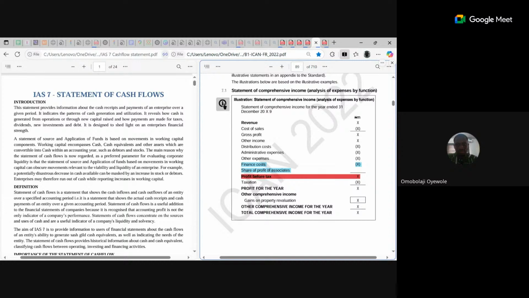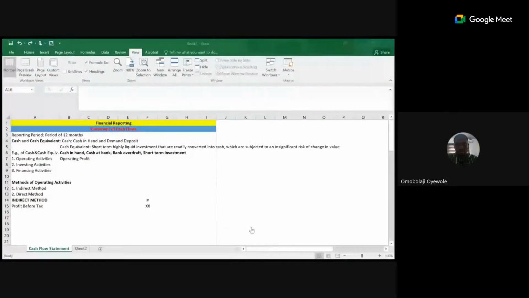Now, we want to what? Remember, we want to restate that profit before tax to become a cash profit. So, taking this profit before tax, the next thing we are going to do is what? The finance cost and all interest expenses that have been deducted before arriving at this profit before tax will be added back to the profit before tax.